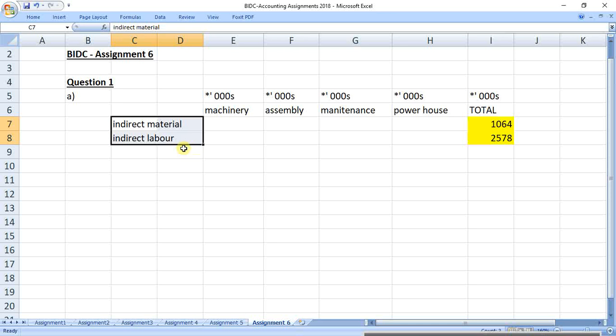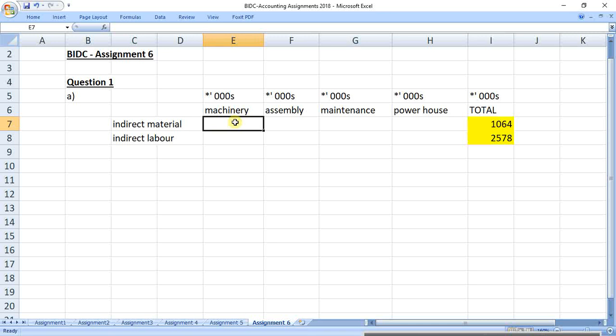They said analyze the above indirect costs between the 4 departments, showing the basis of apportionment you have used. So in terms of machinery, assembly, maintenance, and powerhouse, how am I allocating the total to those 4 departments? That's what they're asking you to do.